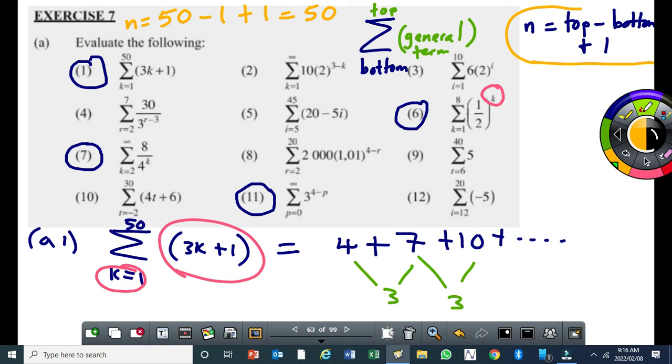If you want, you can use your fingers to count from k equal to 1 up to k equal to 50, and you get 50. But the best way is just to memorize that formula which I wrote for you. It's also in your textbook.